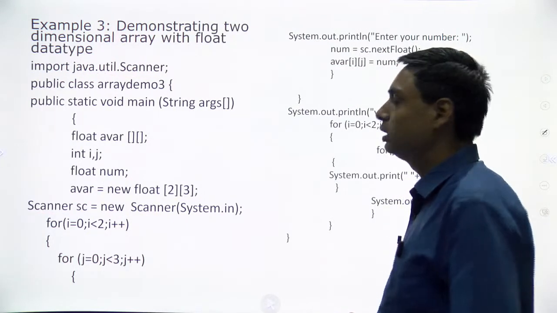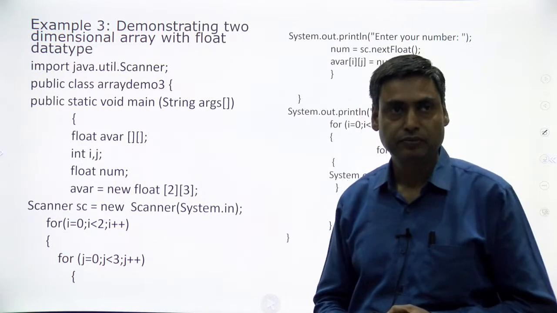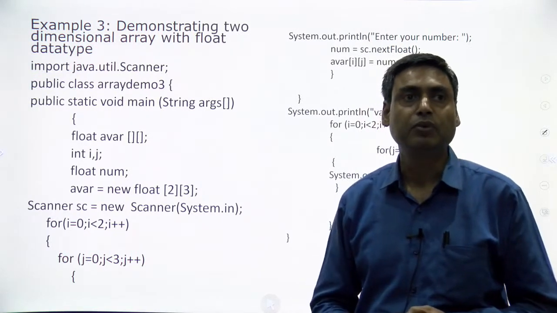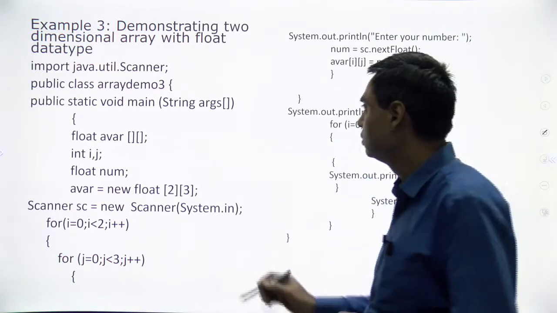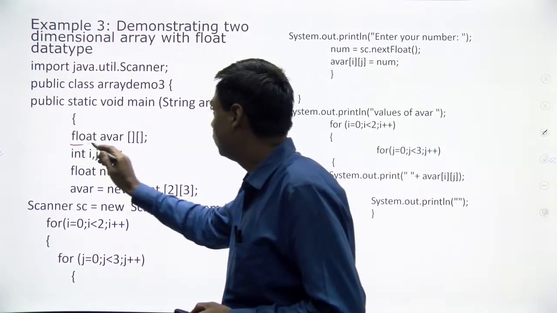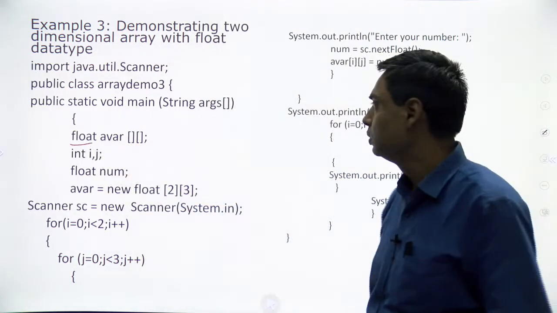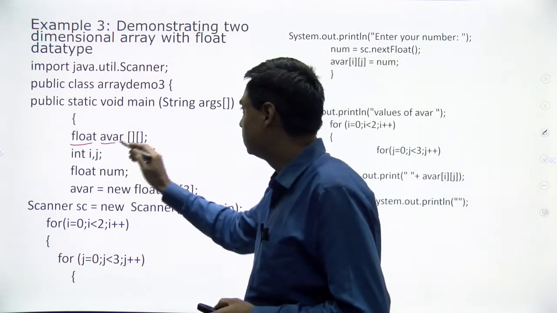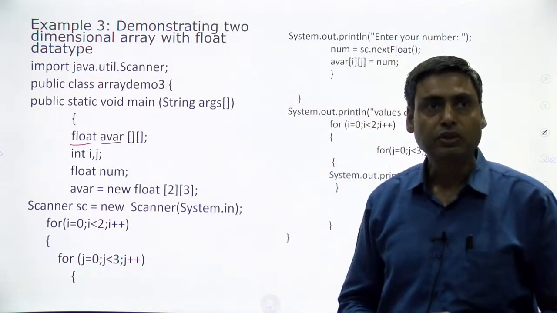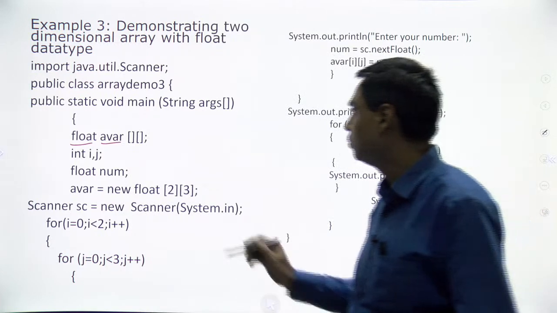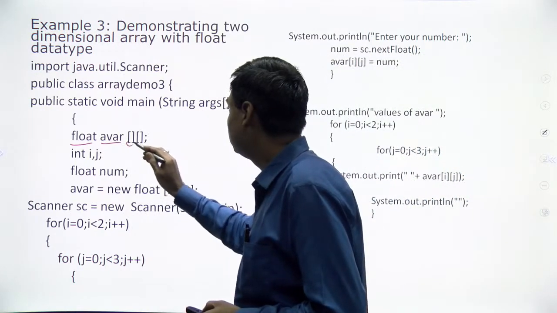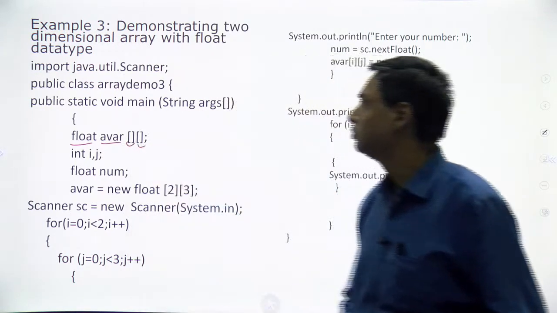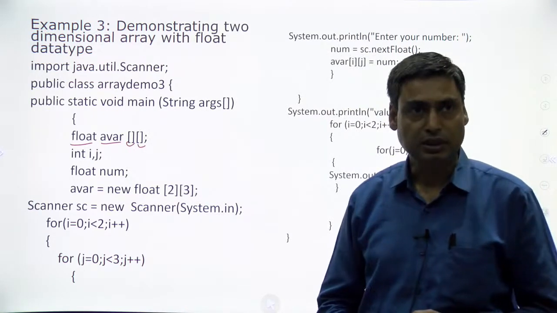Next, I am going to discuss the two-dimensional array, and changing the type of the variable to float. Now in this program we have a float variable, then a variable is defined. Now to define the two-dimensional array, what do we have to do? We have to use two brackets for the two-dimensional array.